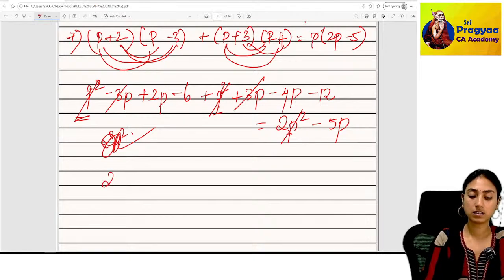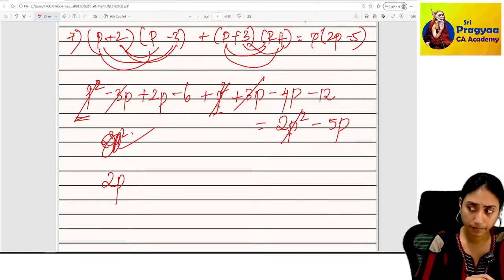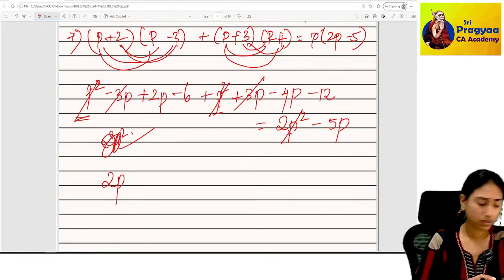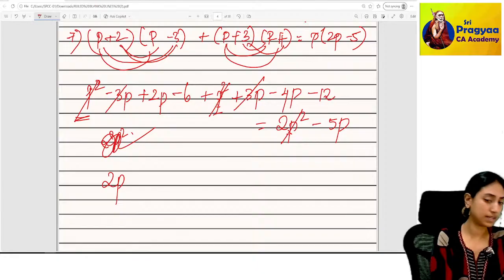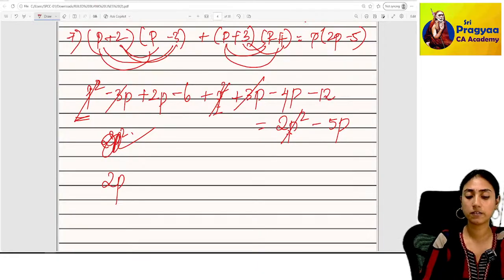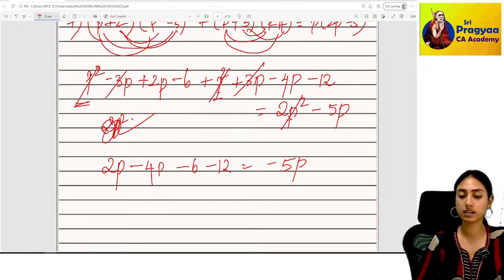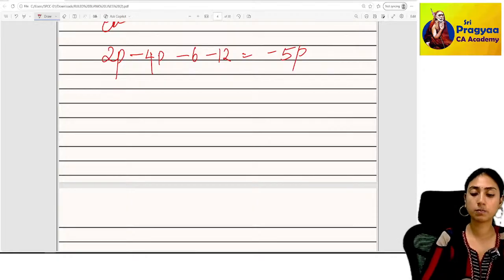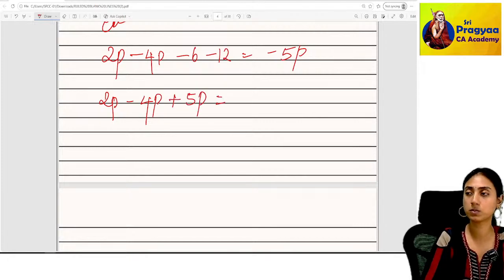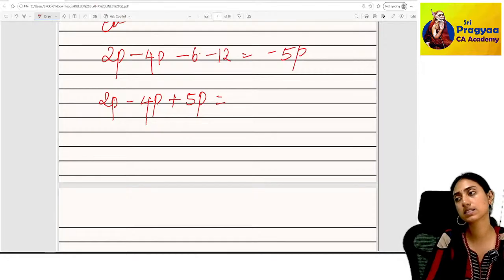Seventh one? Option A, correct. So, you're left with 2p minus 4p minus 6 minus 12 is equal to minus 5p. Okay? So, bring p's on one side. 2p minus 4p plus 5p is equal to minus 6 minus 12, which is minus 18.